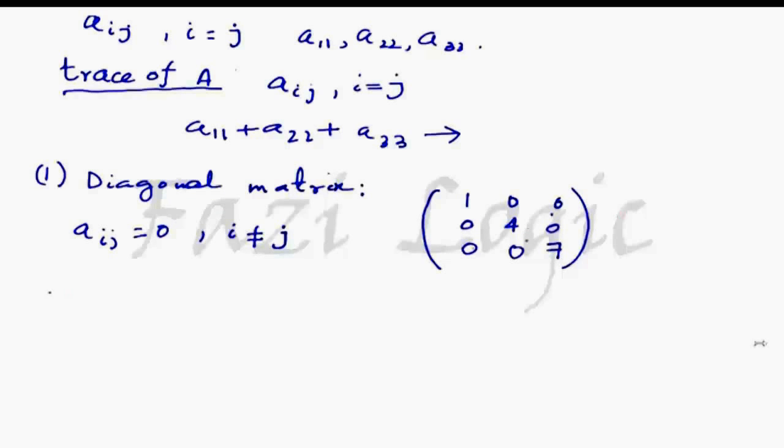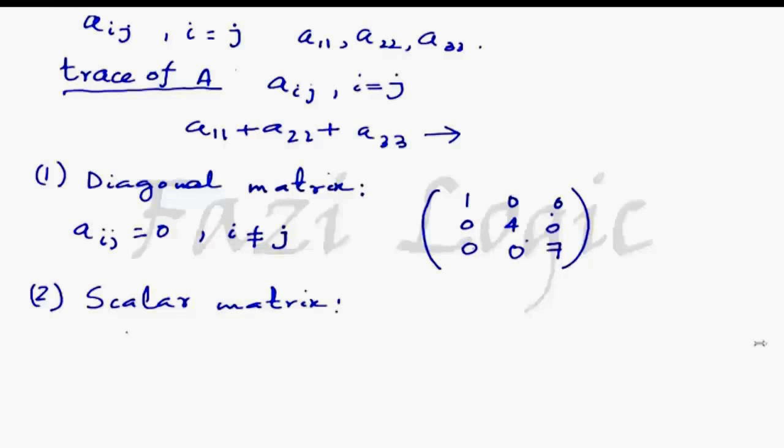Next comes the scalar matrix. A scalar matrix is a diagonal matrix whose diagonal elements are all equal.